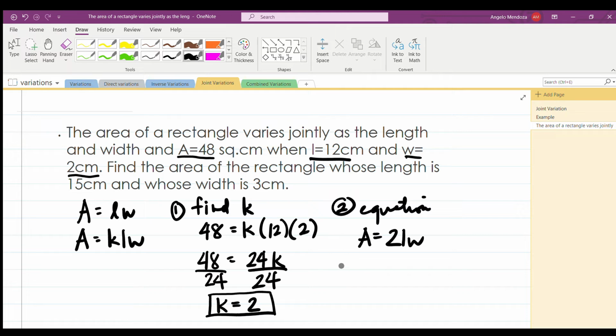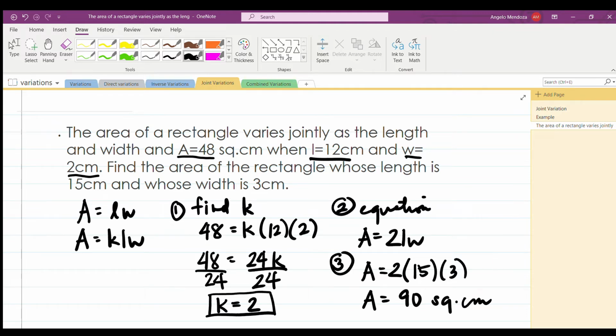Then next, let's find the area of the rectangle whose length is 15 and width is 3. So we have A is equal to 2 times 15 times 3. So 2 times 15 is 30 times 3. So our area here will be 90 square centimeters.